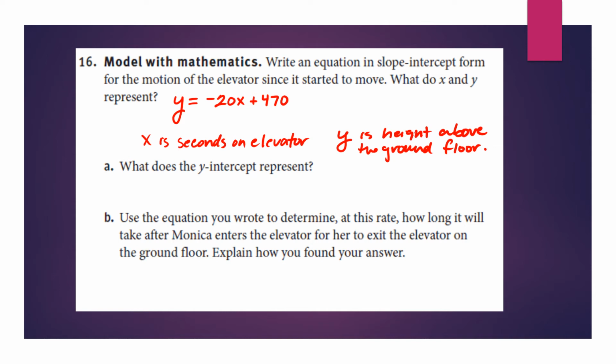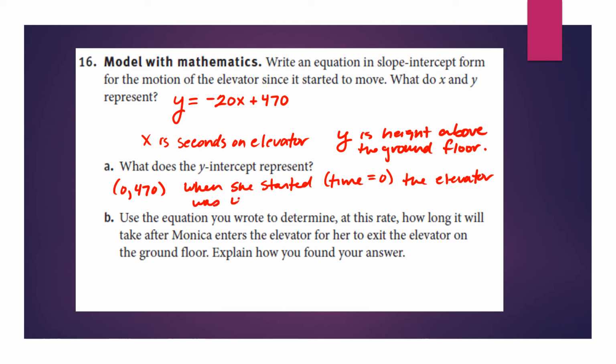In this situation, what does the y-intercept represent? We sort of talked about that. It represents when she started, at time equals 0, the elevator was 470 feet above ground level.